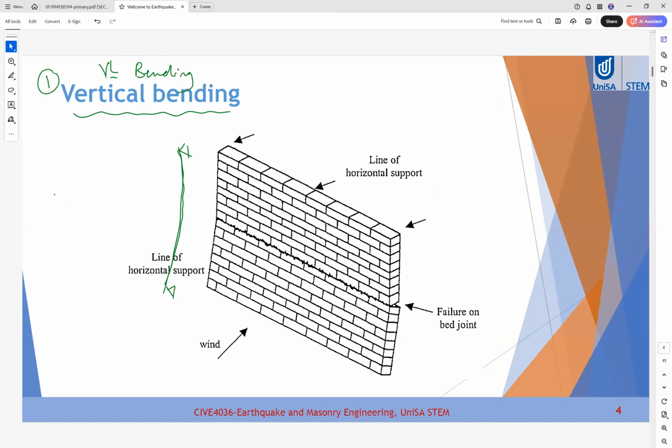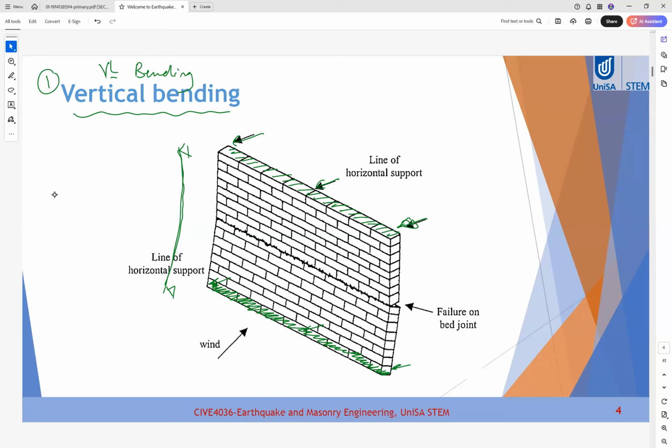The supports are on the top line, from the roof, and also from the bottom line, so it is also supported at the bottom or the base. So we have another line of supports here.